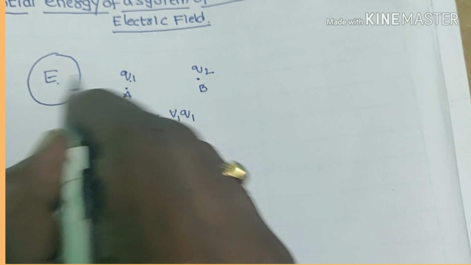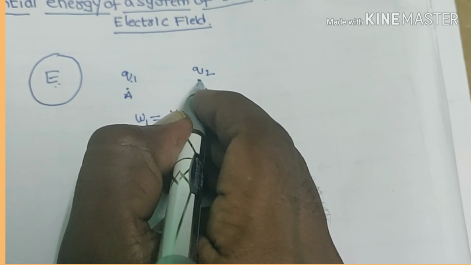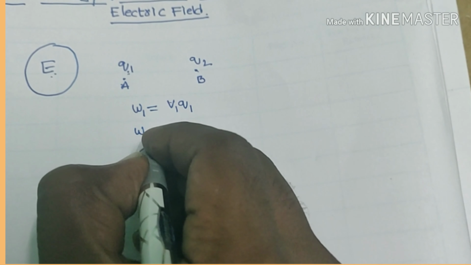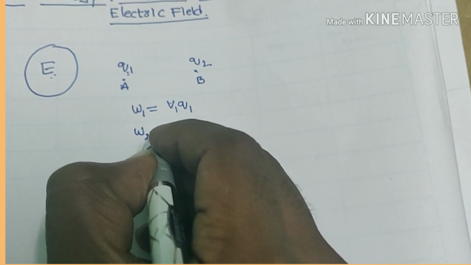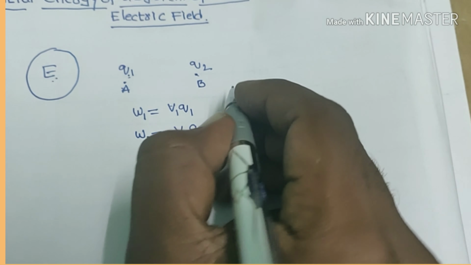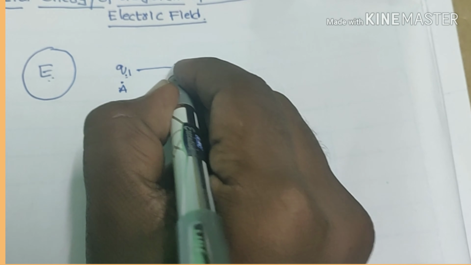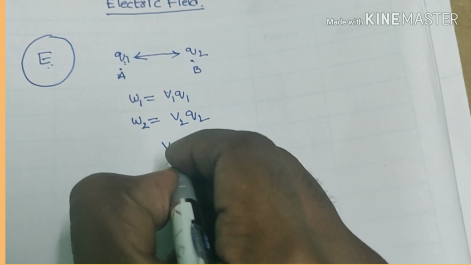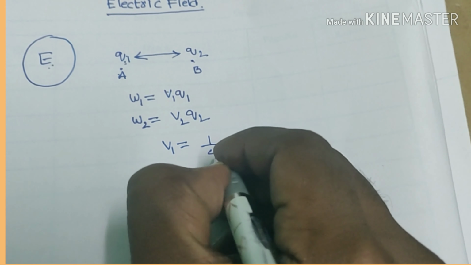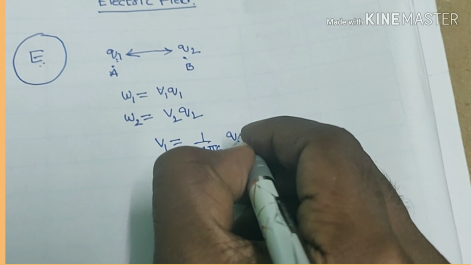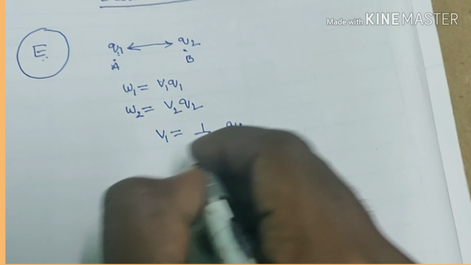One is against the external electric field, another one is against Q1. The first one, against the electric field, is W2 equals V2 Q2. Now there exists a potential difference between Q1 and Q2. V1 equals 1 by 4 pi epsilon naught Q1 by R.